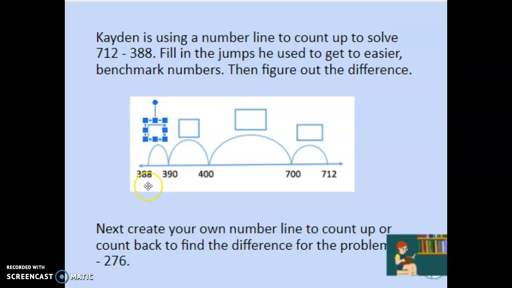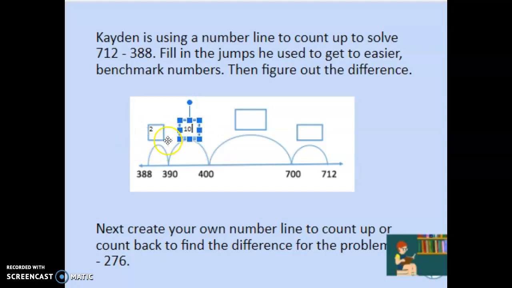So if I'm hopping from 388 to 390, I want to get to that easier number of 400. So I'm going to go ahead and hop up 2 here. And then I'm going to hop up from 390 to 400. I know that I would have to hop 10 to get there.